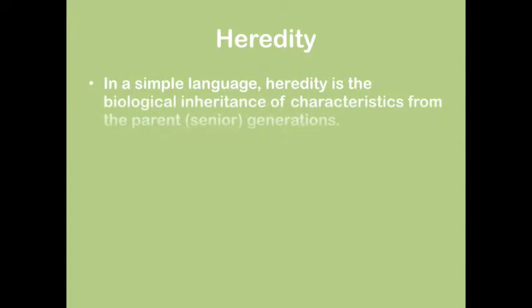So now let's come to a whole new important concept known as heredity. Okay? Now we are entering the core part of this lesson. So let's start with heredity. In simple language, heredity is the biological inheritance of the characteristics from the parent generations.